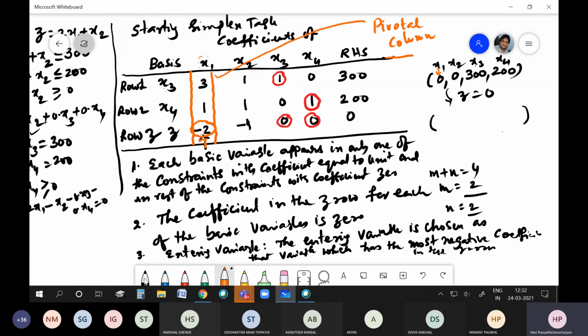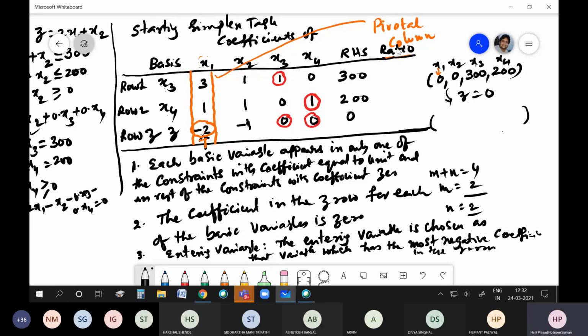Which one has to go, X3 or X4? We should send that variable which accommodates to the maximum extent the entry of X1, so that the objective is maximized most. We can do that by taking the ratio.